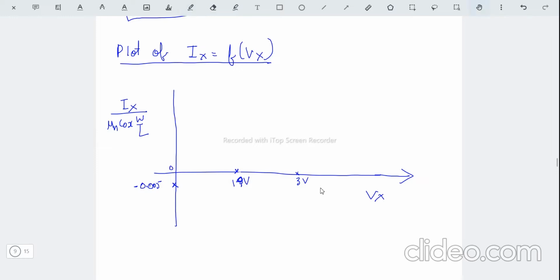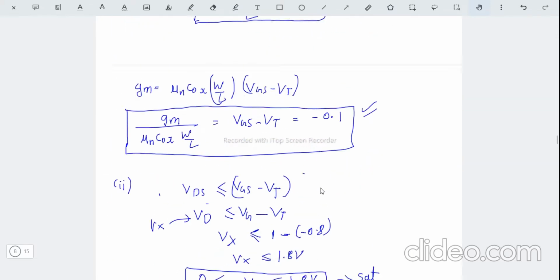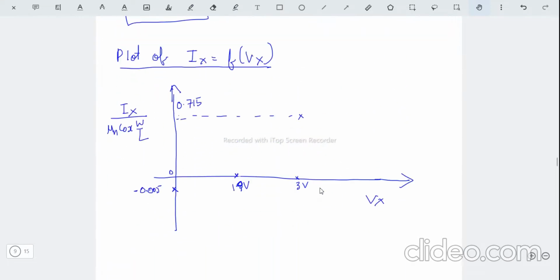when Vx was 3 volts, almost the normalized value of current was somewhere 0.715. Now we shall be connecting these points. Normalized value of Ix and Vx are related quadratically.